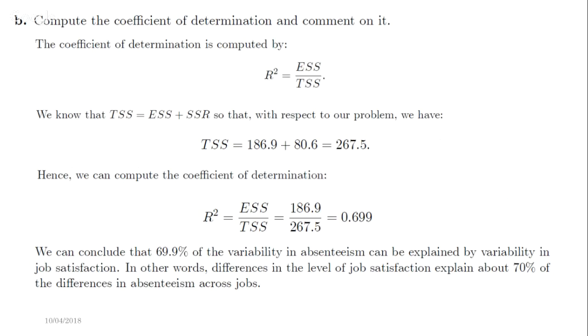We have the explained given, but we don't have the total. We know the total is the explained plus the residual, and we are given the residual. So we get the total, and R squared is the explained divided by the total. We get an R squared of 69.9.